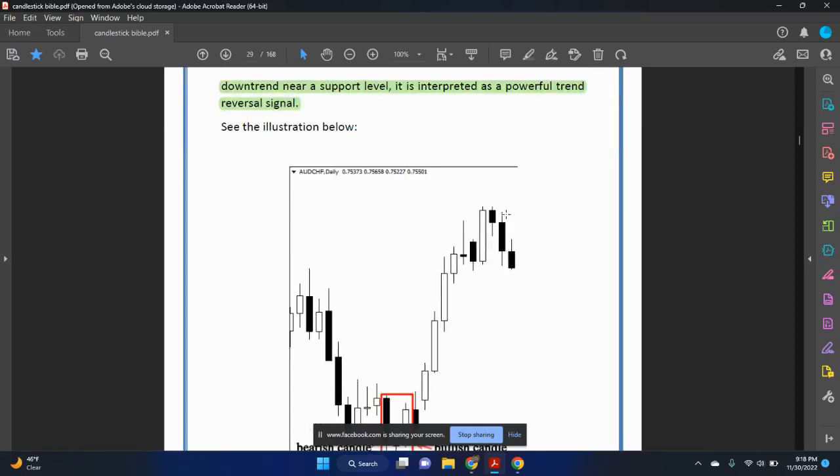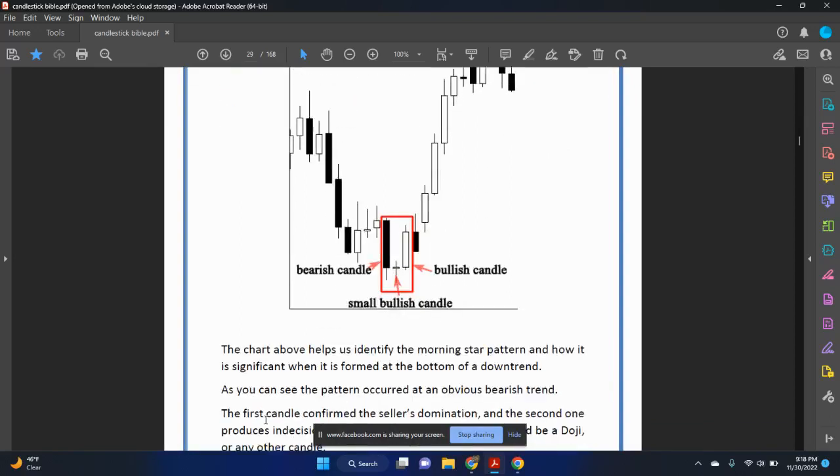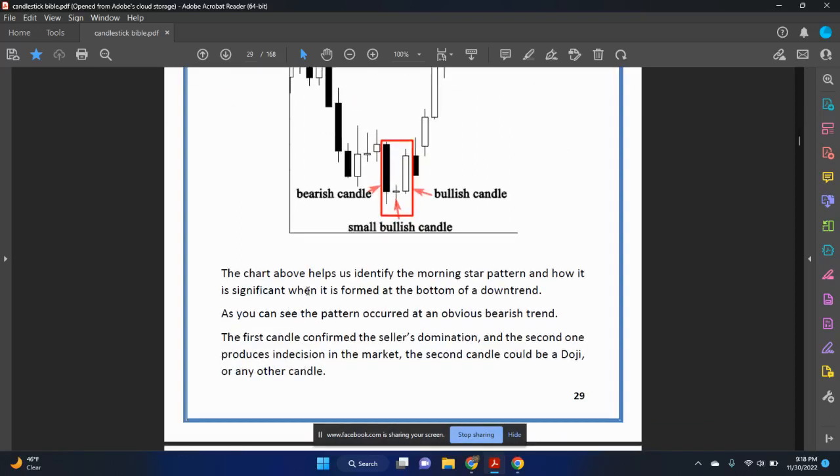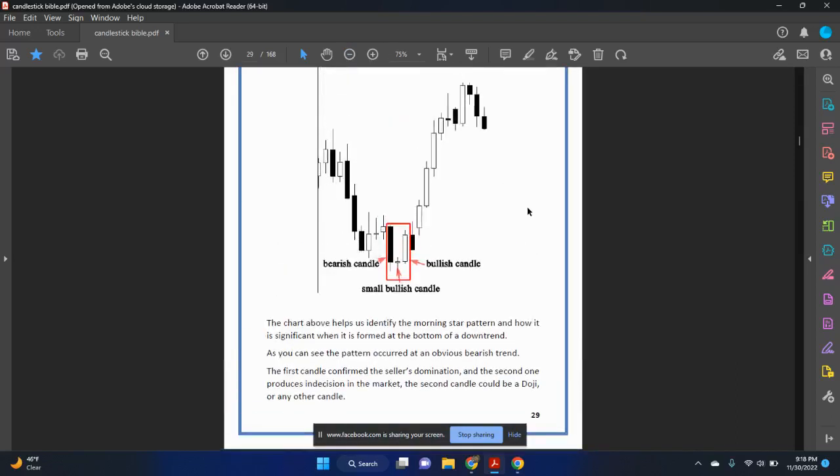All right, so it says see the illustration below. The chart above helps us identify the morning star pattern and how it's significant when it's formed at the bottom of a downtrend. As you can see, the pattern occurred in an obvious bearish channel.